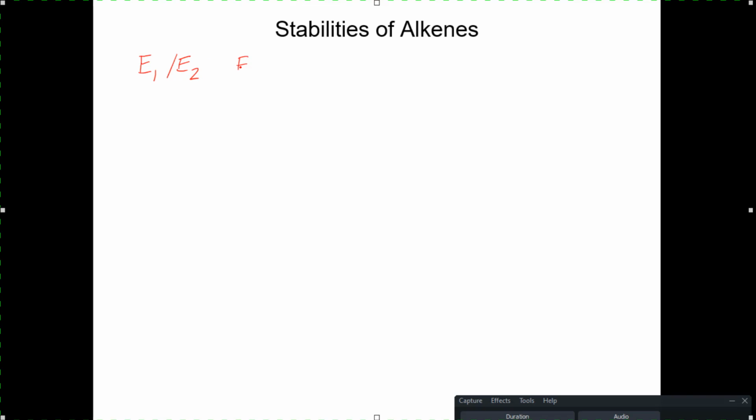But these are elimination reactions. And what does elimination reaction mean? It means that I'm going to take an alkyl halide to start with, and I'm going to eliminate HX from that molecule and form a carbon-carbon double bond.